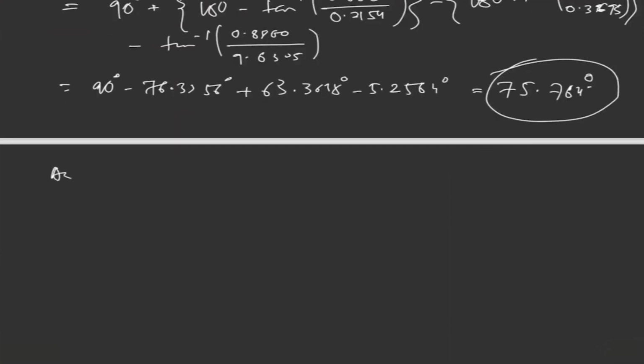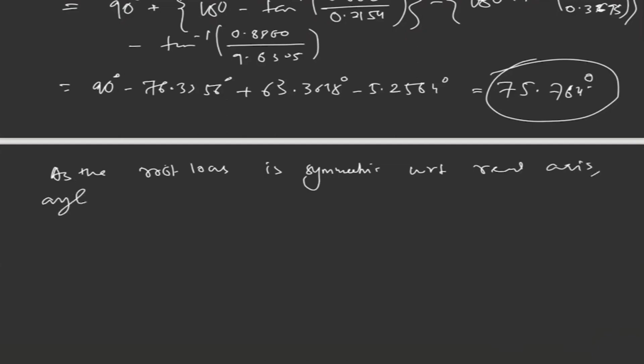Let me write: as the root locus is symmetric with respect to the real axis, the angle of departure from P4 will be minus 75.7648 degree.